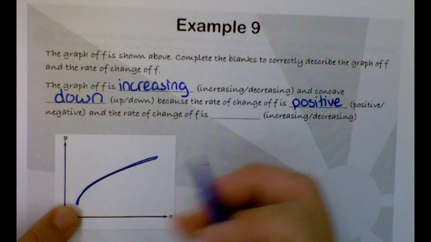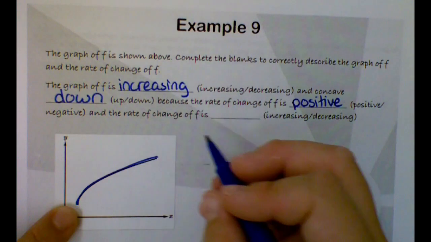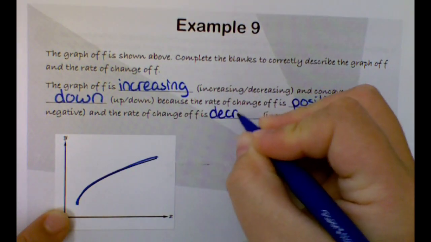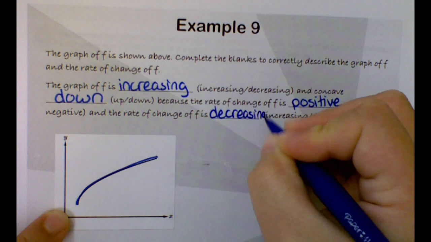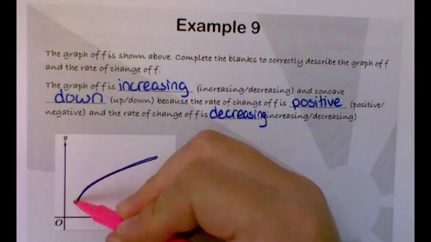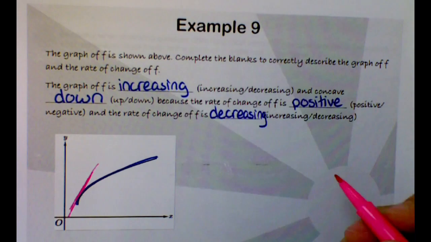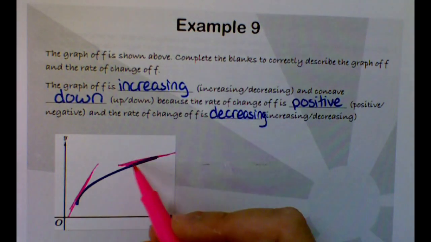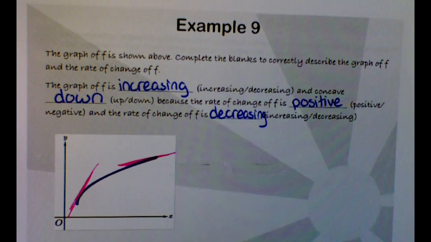And it's concave down because the rate of change is decreasing. If we look at these tangent lines, here we got a positive one. Here it's still positive, but it's definitely less than it was further to the left.